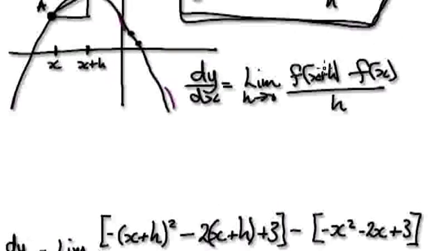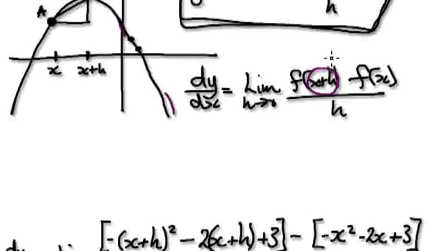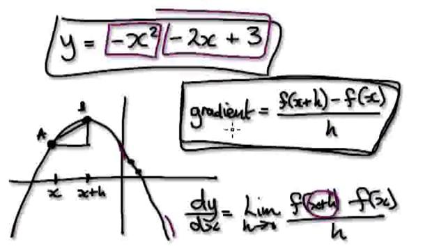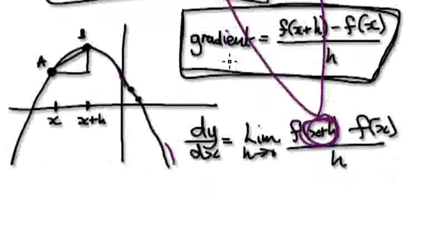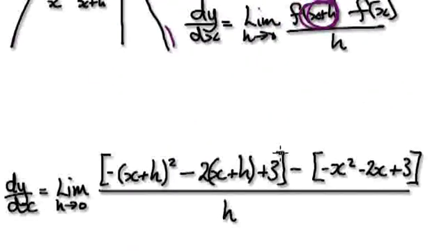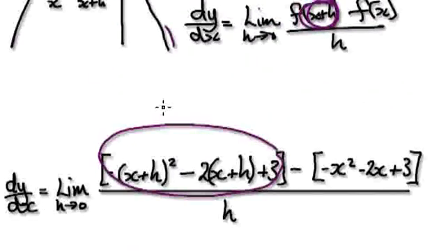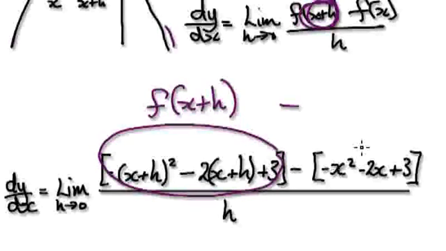Once you're at this stage, remember it's you putting x plus h into your original function, here into here, and then x plus h into here. That will give you this thing here. So this bit here is like f of x plus h, and this bit here is your normal f of x.